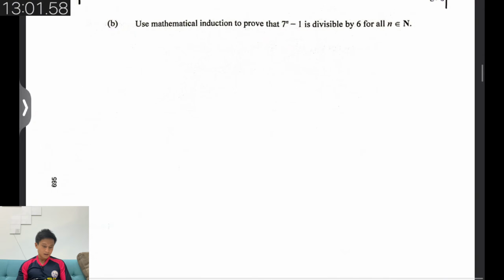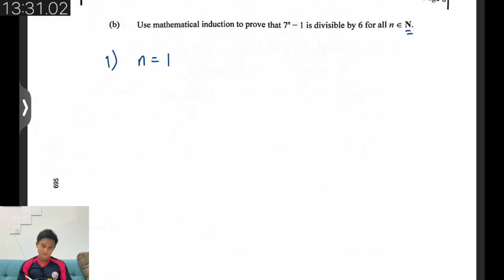Next, part B. Use mathematical induction to prove that 7 to the power of n minus 1 is divisible by 6 for all n in the natural numbers. So the big N here is the natural numbers. All right. So the proof requires you to do the introductory, trivial first step. Let n be 1.